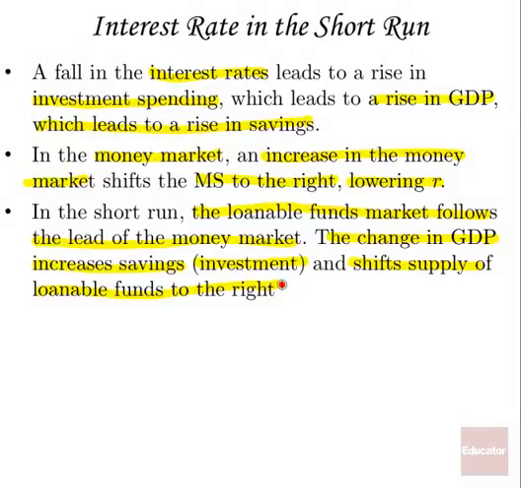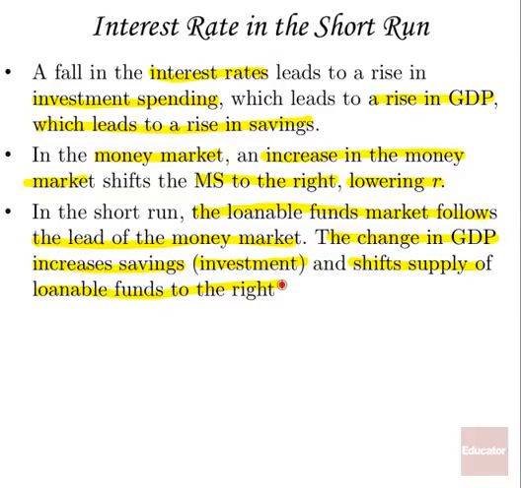If there's an increase in GDP, the marginal propensity to consume might be 0.7. Well, they're still saving 0.3, right? So there's going to be an increase in the supply of loanable funds, and that's going to also decrease the real interest rate. So that's what happens to the interest rates in the short run.